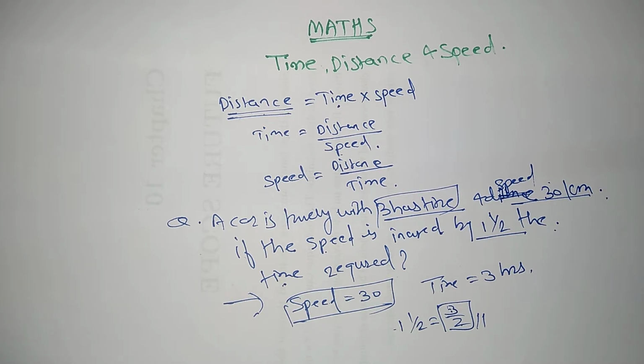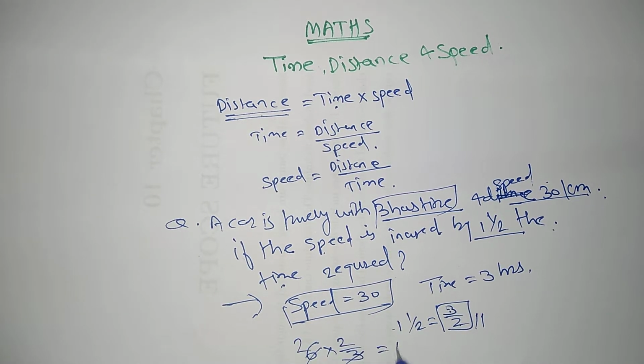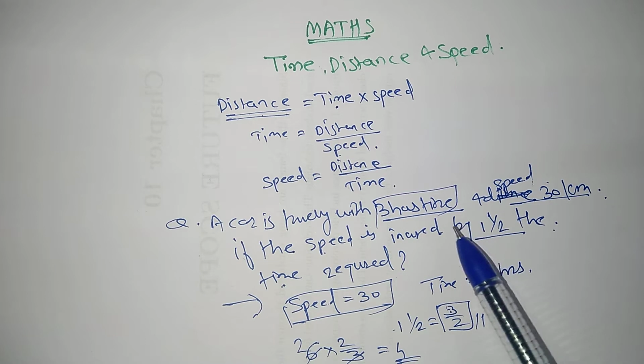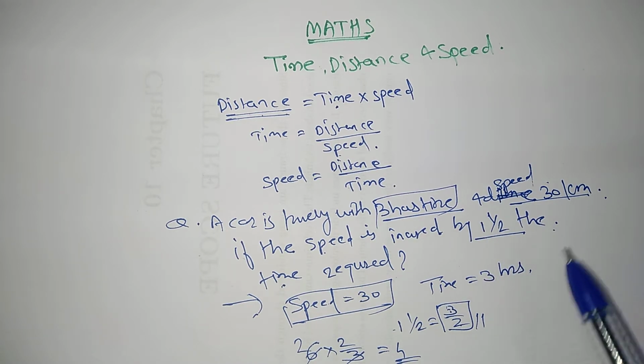In the opposite manner, what is required? The 6 into the opposite, 2 by 3. 2 by 3, 2 cancels, 4. That is 4 hours. That means the car is having 3 hours of time for 30 km, 3 hours of time and 30 km per hour speed.